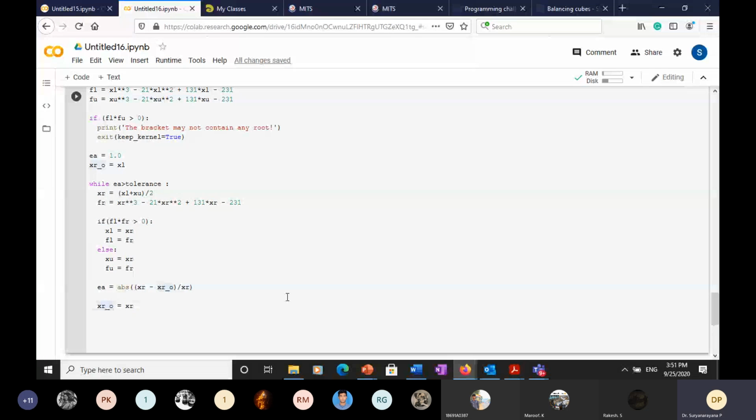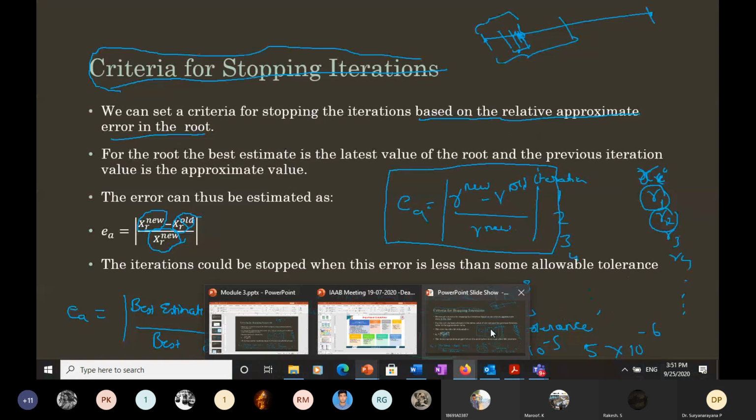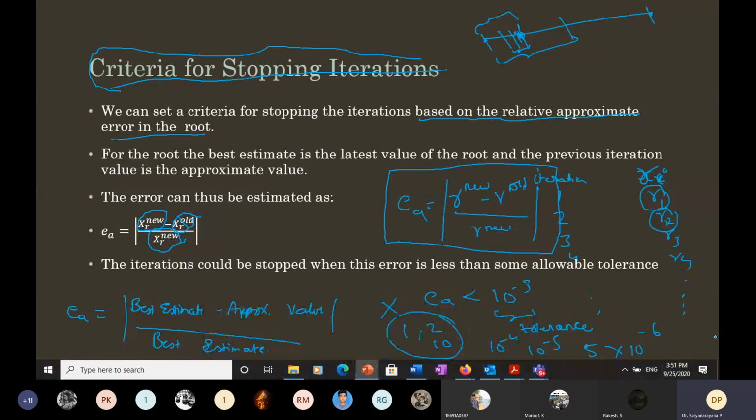So previously, for example, see in that example, iteration and root for that iteration. Iteration 0, initial one. I'm taking the lower limit, which I think is 1 there.